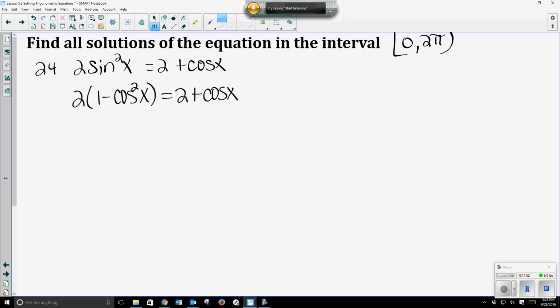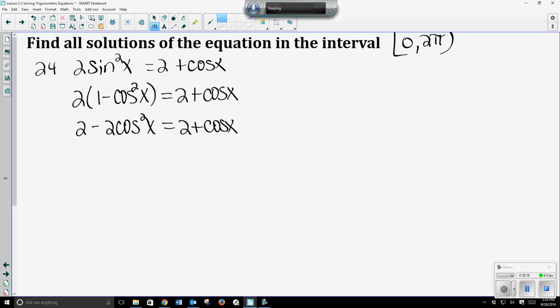So then you would distribute, because by changing it to cosine, you'll see that you have a quadratic term, a linear term. So cosine squared x, cosine x, and we should be able to factor this. So 2 minus 2 cosine squared x is equal to 2 plus cosine x. Get everything on one side.